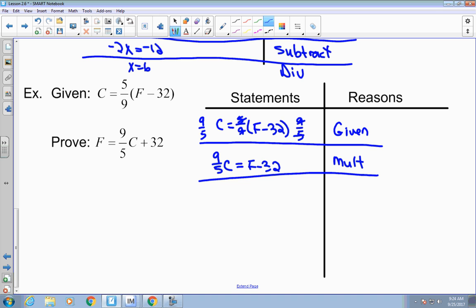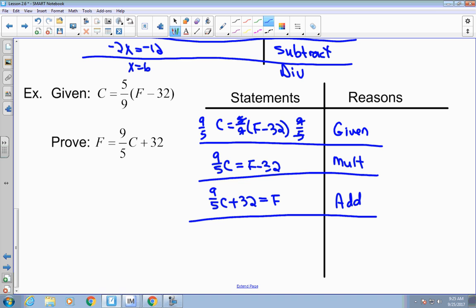Okay, so now we're trying to solve for Fahrenheit. What are we going to do next? We want to get F by itself. F minus 32. So to get F by itself, you would add 32. So then it would be 9/5 C plus 32 equals F. And that would be addition.